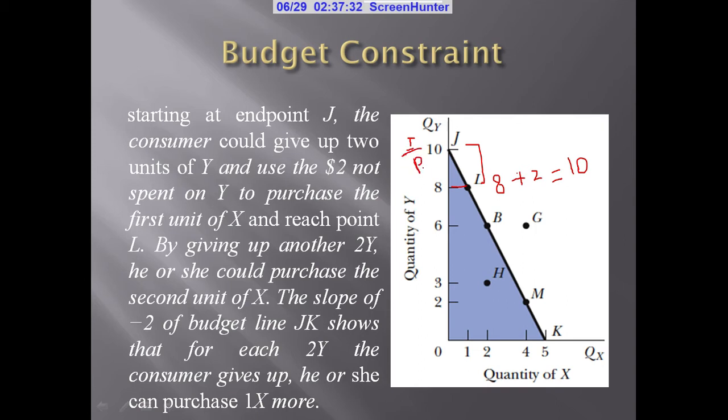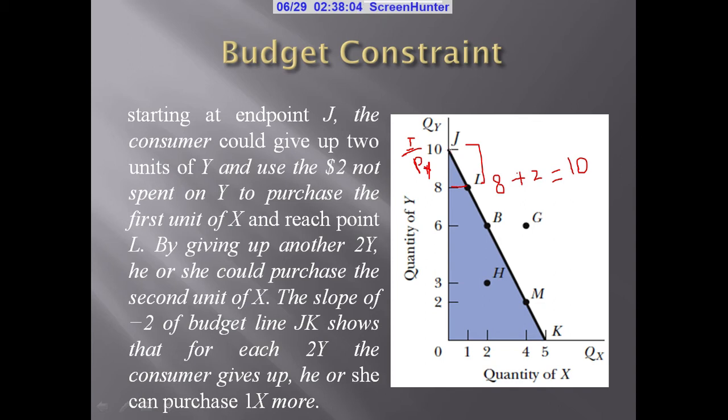This is the initial point from where the consumer starts, the vertical intercept, I over PY.